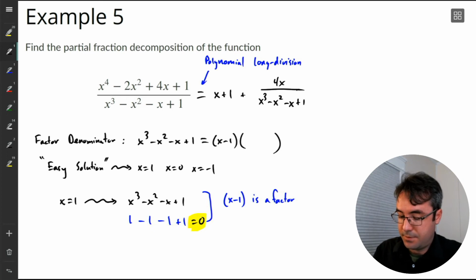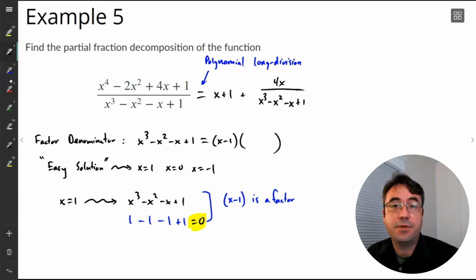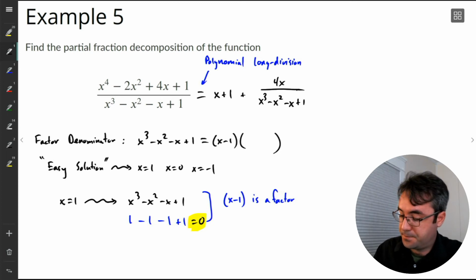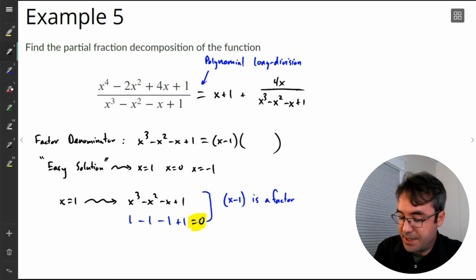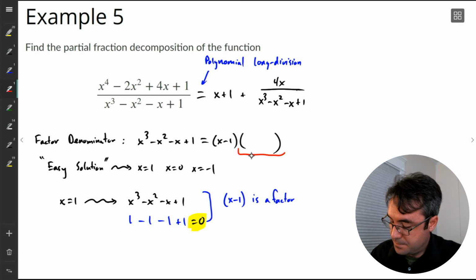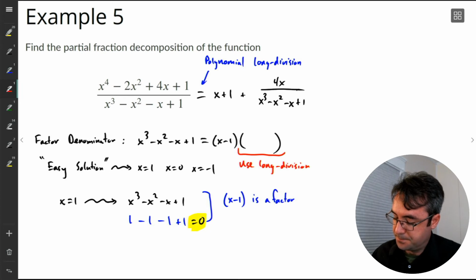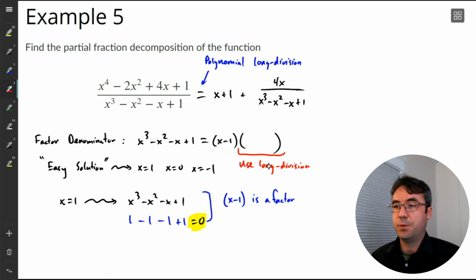Well, for polynomials, we do the long division again. That can be helpful. To find this missing portion, we can use long division.